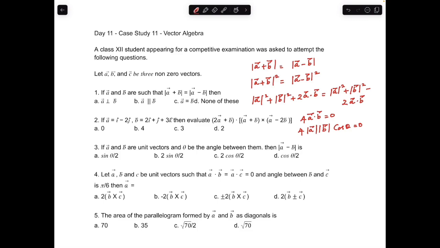This expression will become 0 only when cos theta becomes 0, which implies cos theta is equal to 0. So theta is equal to 90 degree, which implies vector A is perpendicular to vector B. So the answer for this is option A.